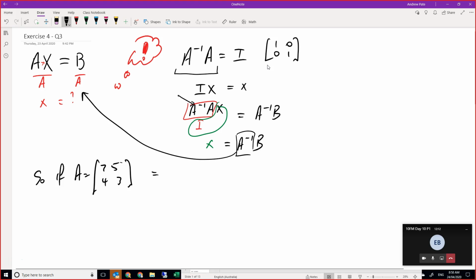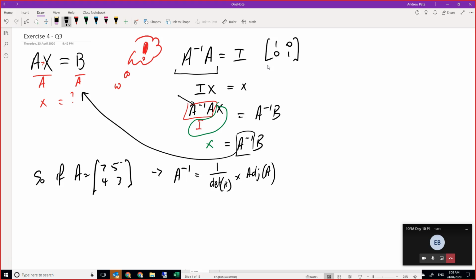Then the inverse of A is equal to 1 over the determinant of A times the adjugate of A, or the adjoint. So we have this process.